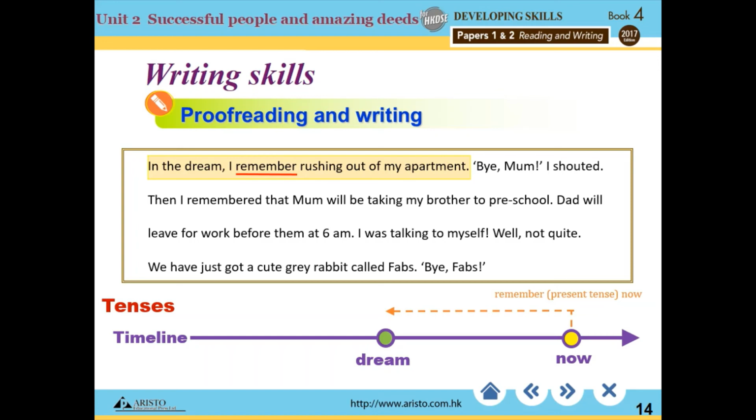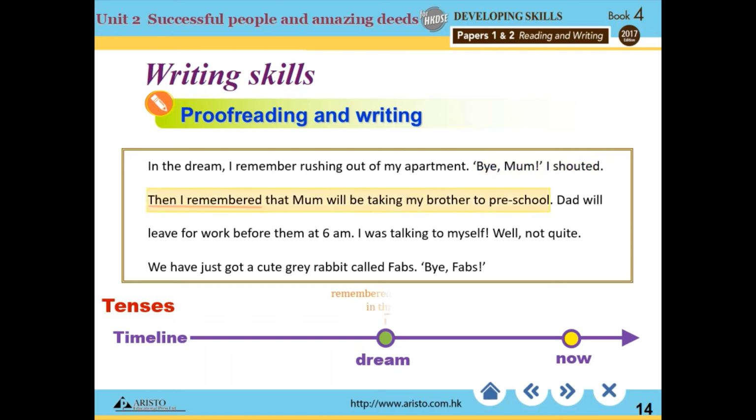In the next sentence, shouted is in the past tense because this action took place in the dream, so it is also correct. In the next sentence, the narrator talks about remembering something in the dream, so this time remembered is in the past tense, so this is correct.